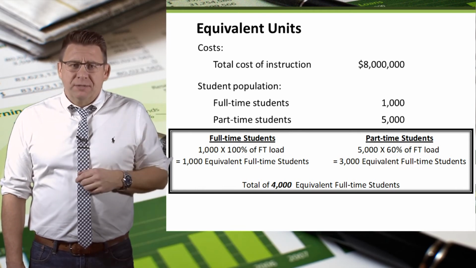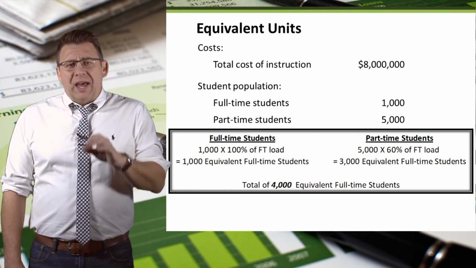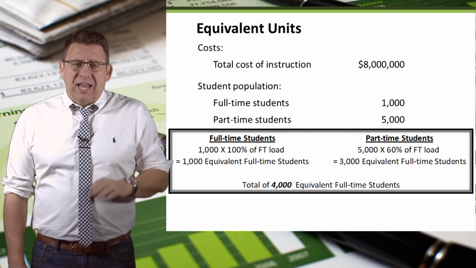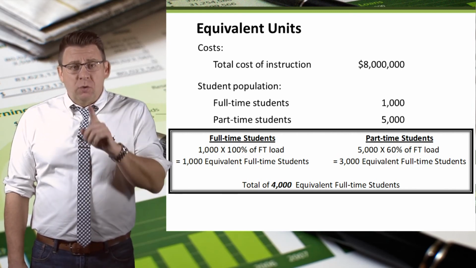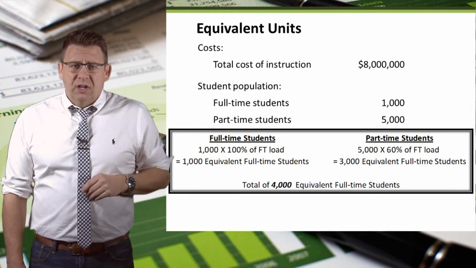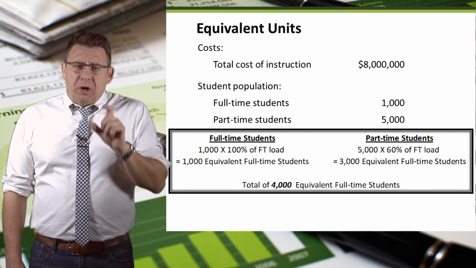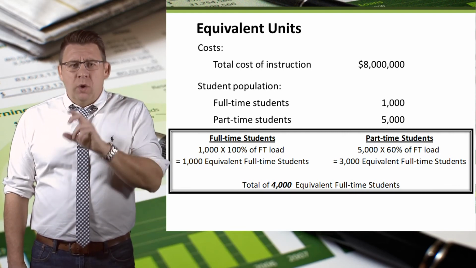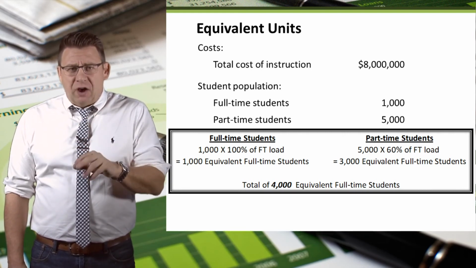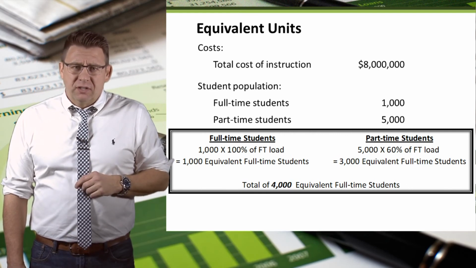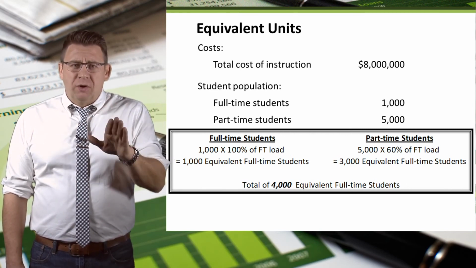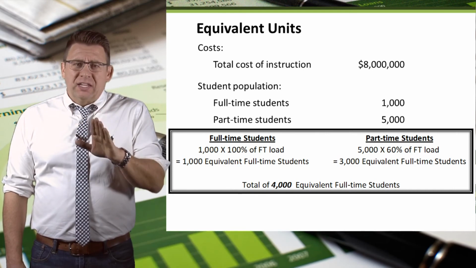That's pretty obvious. Then we multiply 5,000 students times 60%, which equals 3,000 students. So 5,000 part-time students is the equivalent of 3,000 full-time students. Thus, the full-time equivalent students is 4,000.